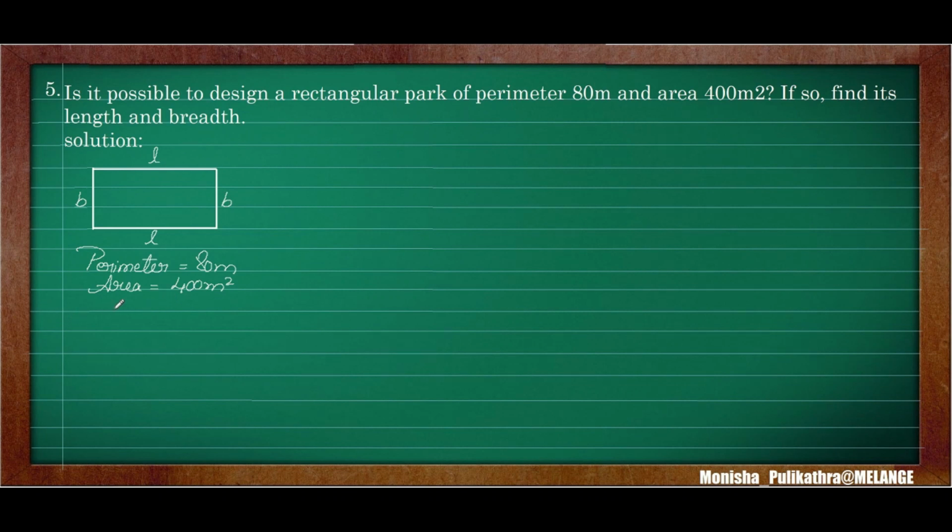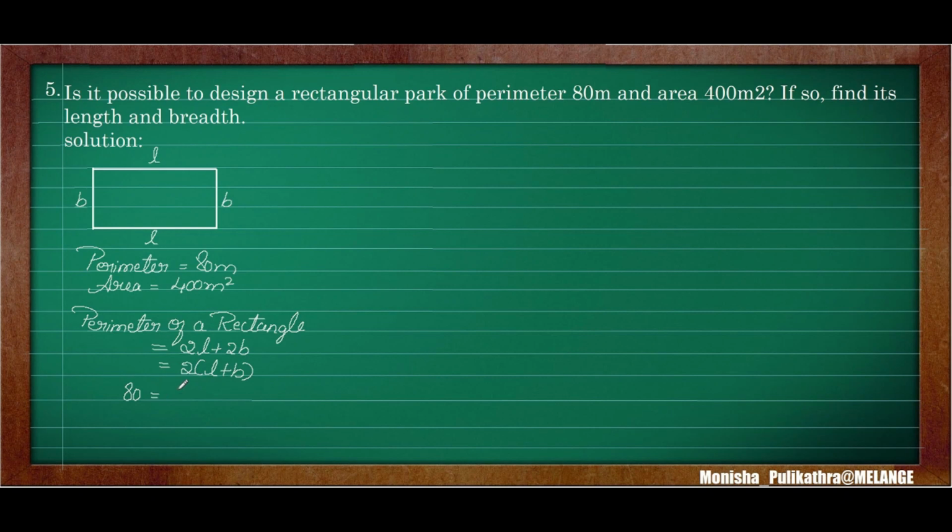Okay, so the perimeter of a rectangle is given by 2L plus 2B, which is 2 into L plus B, where L and B are the length and breadth. The perimeter is given as 80 meter.